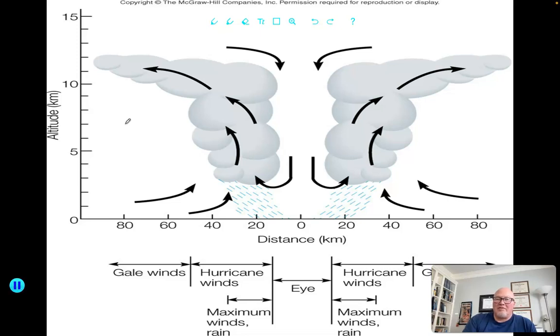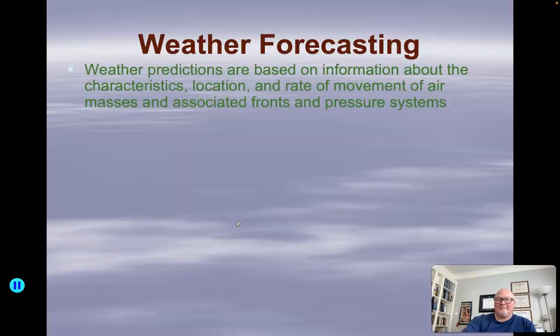And here's where you have a hurricane, so that you've got intense low pressure coming up. You got everything spinning. So weather forecasting, we can relatively accurately forecast weather, although none of that is perfect.